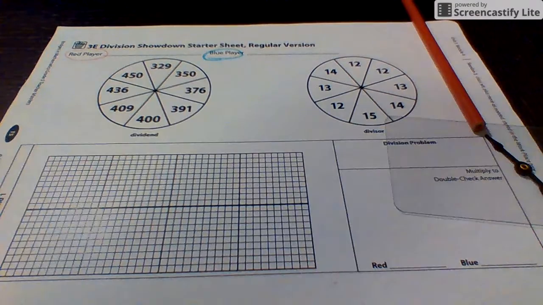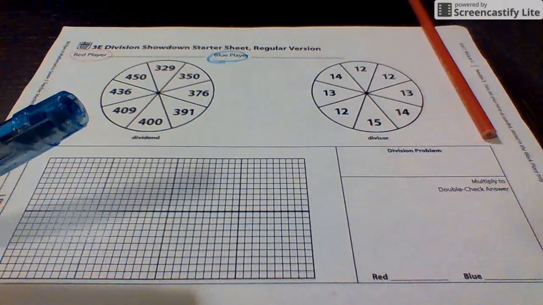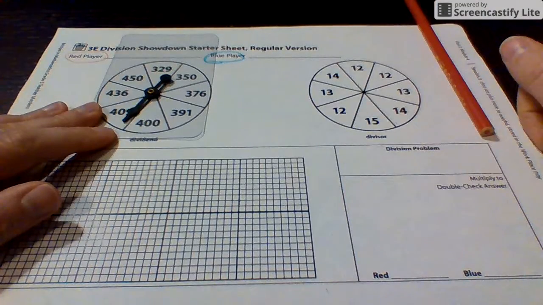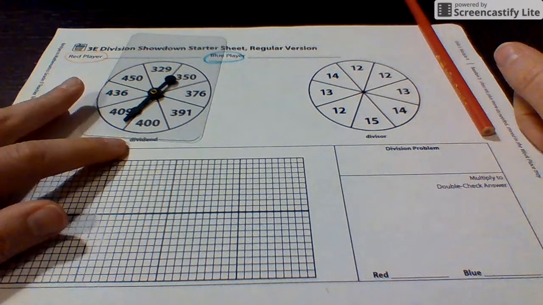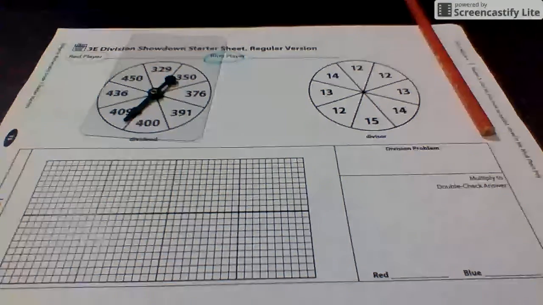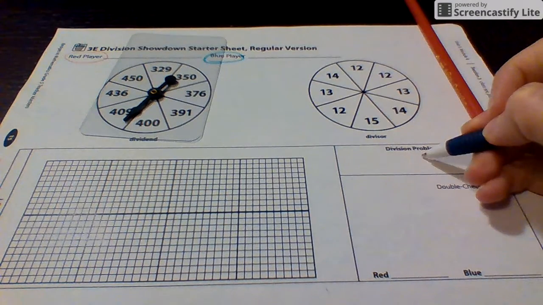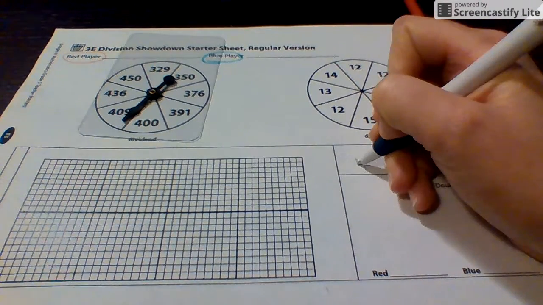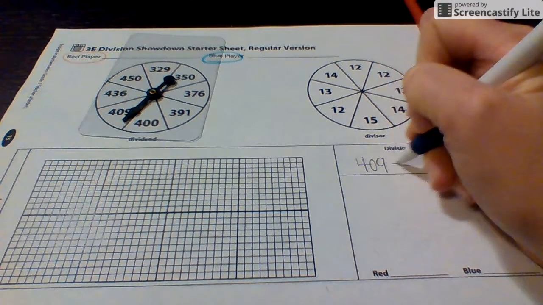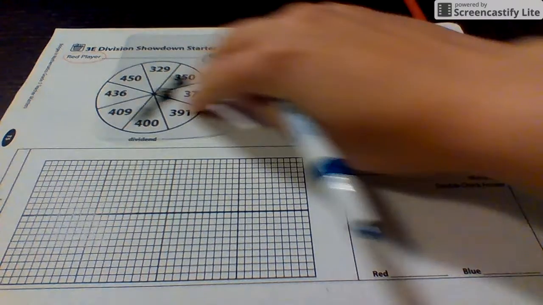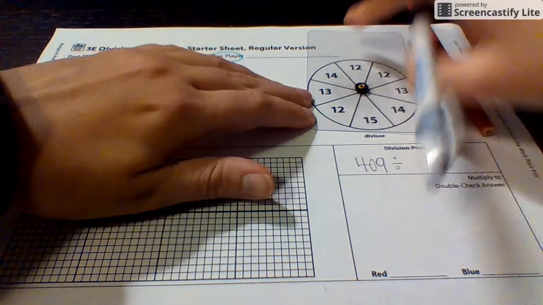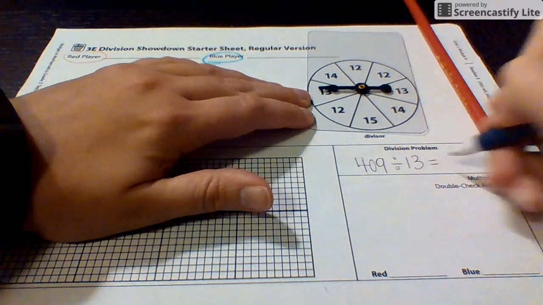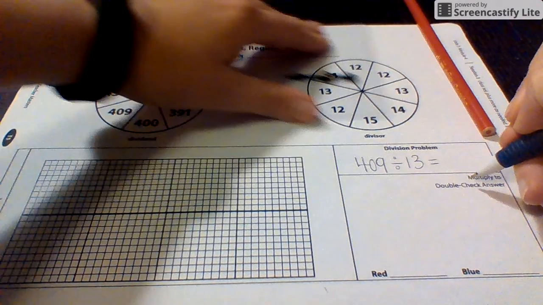The first player is going to spin and whatever you get, it's the dividend. So you can write that in the division problem section. So I have 409 divided by 13 is equal to, we're going to figure that part out.